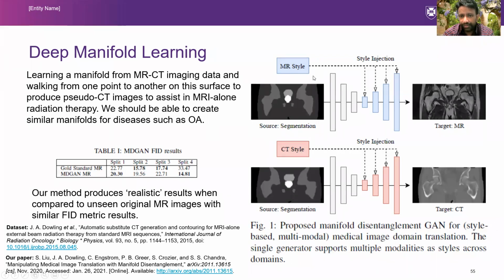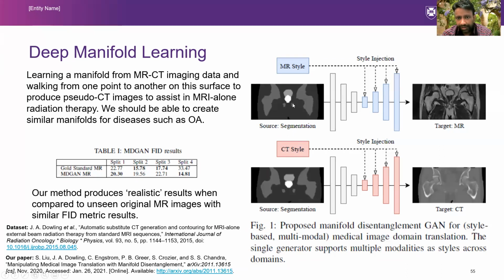So we've built this network, which effectively creates a conditional StyleGAN2, which takes in segmentation and produces a unique MRI out of it. So in other words, if I told you where the eyes, nose, and cheeks are without showing you a face, but just telling you where things are, I can generate a realistic face out of it. And here, what we've done for MR.